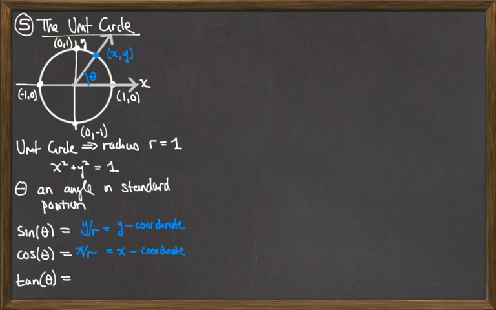The tangent of the angle is y over x, and I'd like you to just spend a minute here thinking about what that represents geometrically. The y value here, in a sense, is representing the rise from the x-axis to our point, so it's this vertical length here, at least for this positive picture that I've drawn, where the y-coordinate is in fact positive.